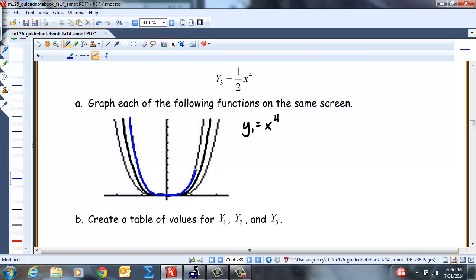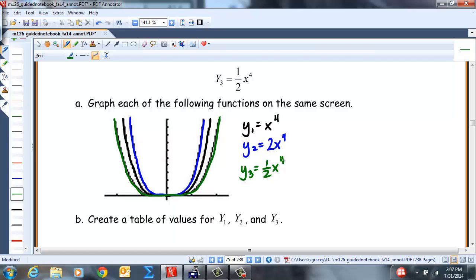Each y value was multiplied by 2, so we ended up getting a narrower graph. And then this one, when we multiplied by 1/2, do you see that it gave a wider graph? So what happened is we had a vertical stretch for the blue graph and a vertical compression for the green graph.